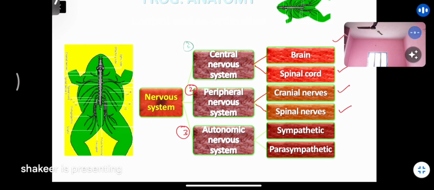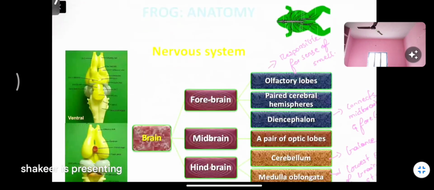Then we have the third type of nervous system, which is called the autonomic nervous system. It is again divided into 2 types: sympathetic and parasympathetic nervous system. These are the nervous systems which you are supposed to learn by heart. Clear?